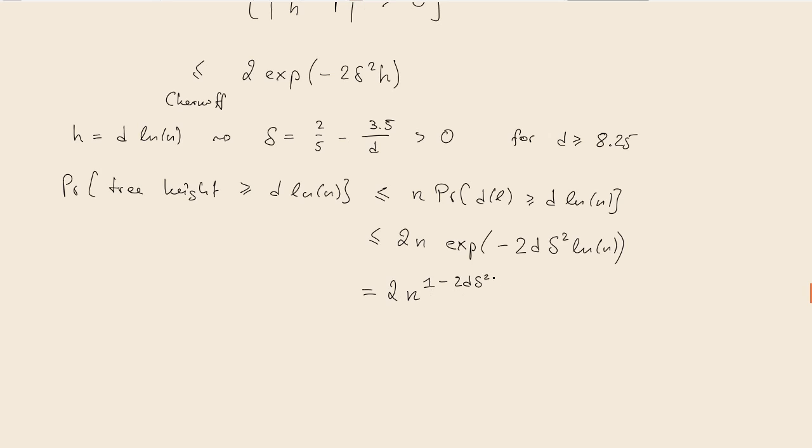So the point is that this function, if we are given any constant c, so we can make this probability that the tree has height greater than this arbitrarily small by choosing a large enough d.